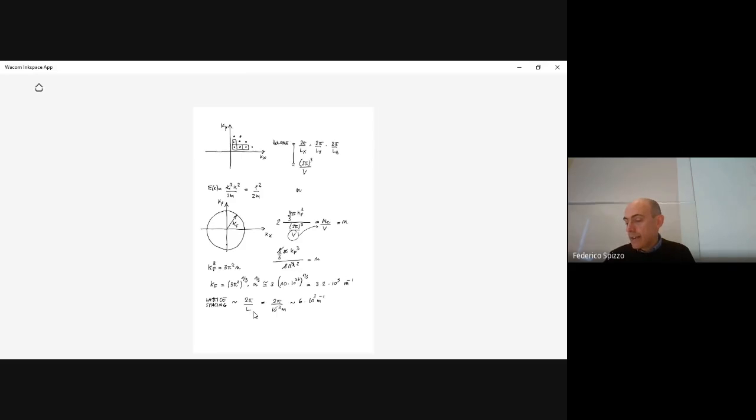That is why I wrote in the description of the energy not E sub K, but E of K, as if K was a continuous parameter. So from now on, I will use K as a continuous parameter because of the relationship between Kf and the lattice spacing that we have just seen.